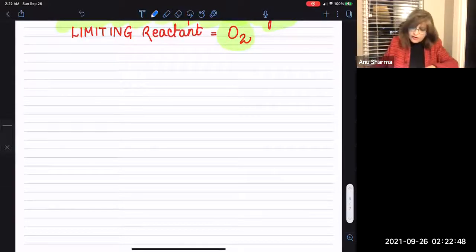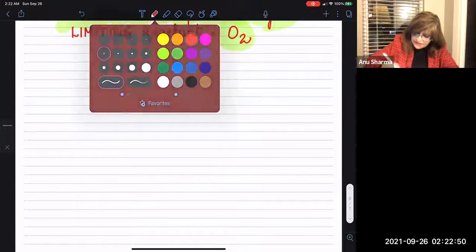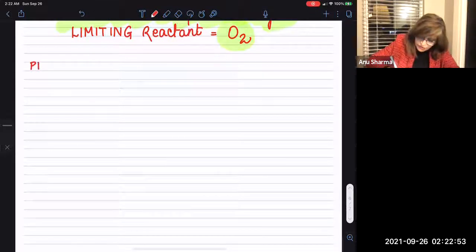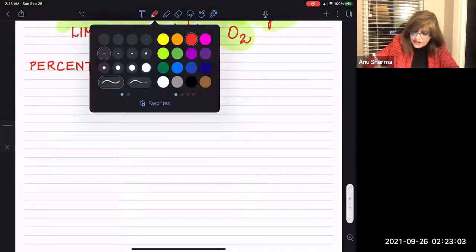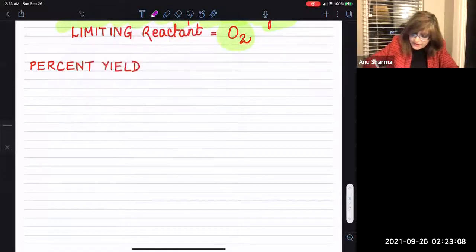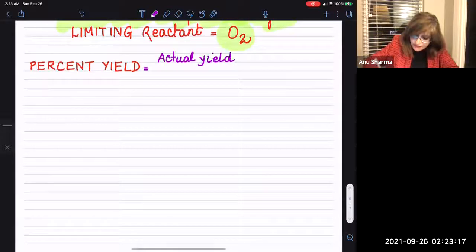When we talk about percentage yield, I have another video which goes into great length on why we do that, but here we are just looking at the problems and how to solve them, from the book. So, simple problems. The percentage yield formula is actual yield over the theoretical yield. Actual yield is the amount that you get in your hand after you have finished all the processes.